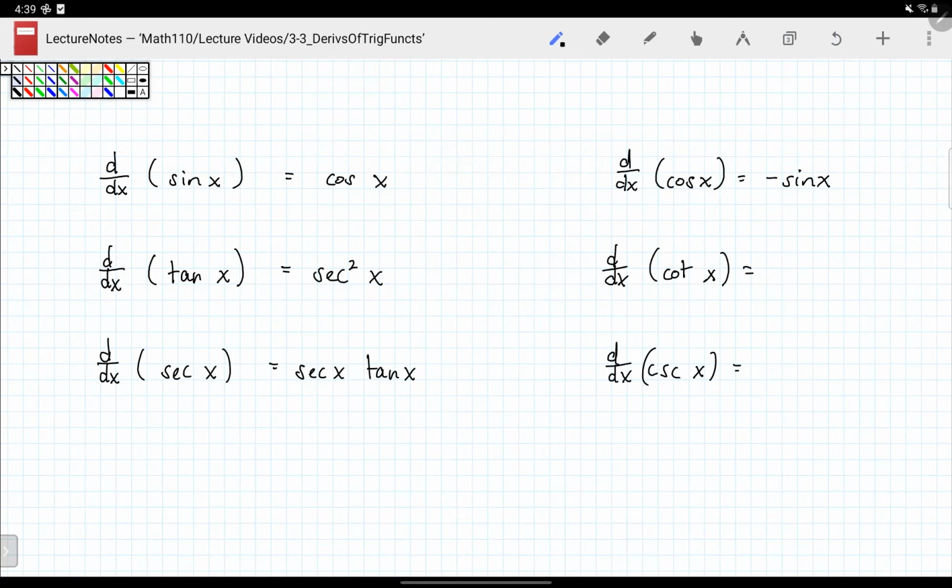I highly recommend that you memorize the derivative of sine and the derivative of cosine. And I highly recommend that you remember how to get the derivatives of all of these other functions by writing those functions as combinations of sines and cosines. But it's also a good idea to practice just memorizing all of these derivatives.